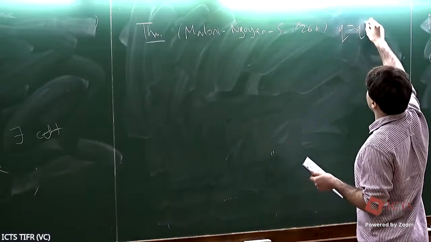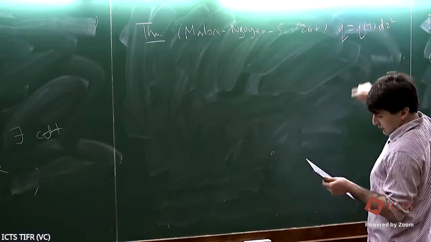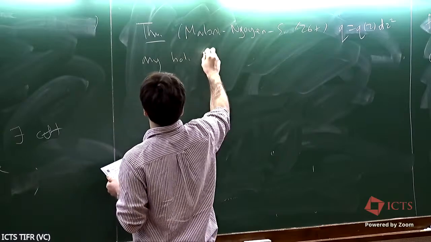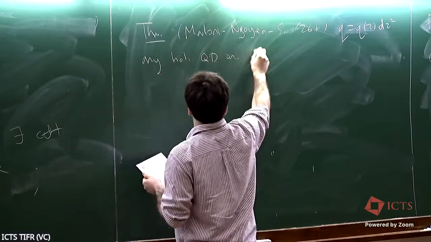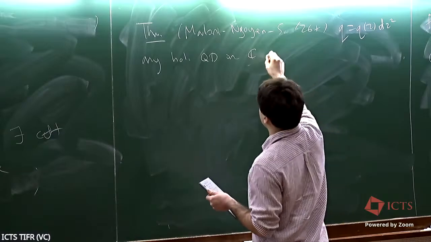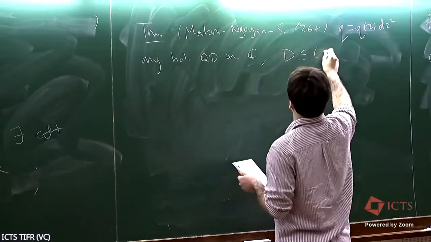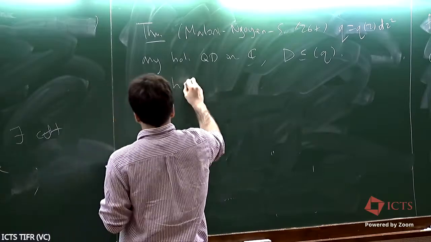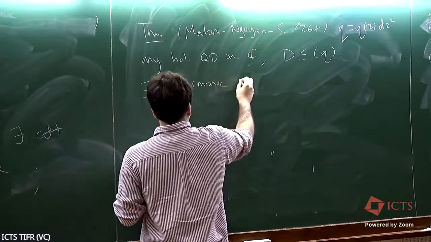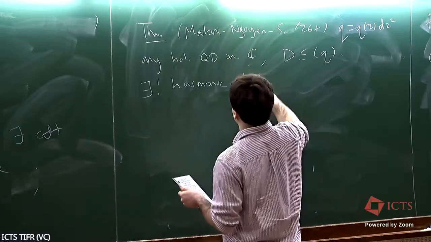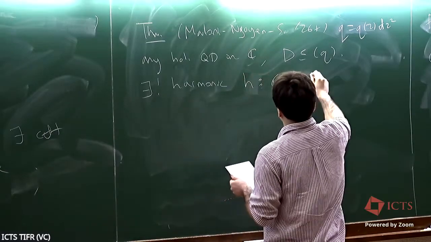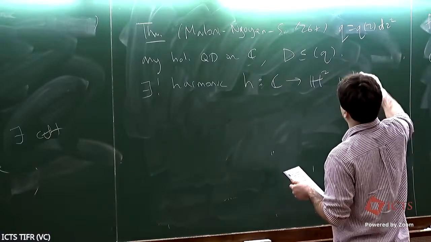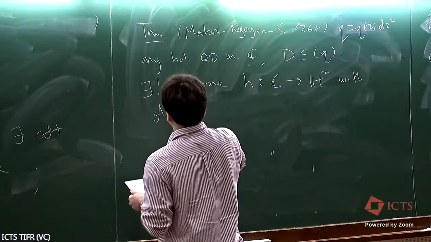So Q(z) dz squared is any holomorphic quadratic differential on C, and D is any divisor dominated by that of Q. Then you can find a unique harmonic map, and unique is up to isometries of the source and target, a unique harmonic map from C to H2 with data (Q, D).